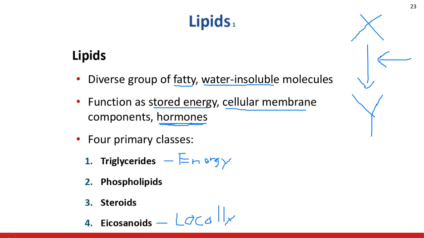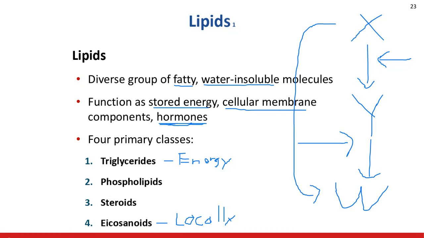Then we go from product Y to product W, and it undergoes a series of chemical reactions that takes us all the way from X to W, but there are certain steps along the way to get us there, and we need enzymes to do that, certain ingredients, certain components.